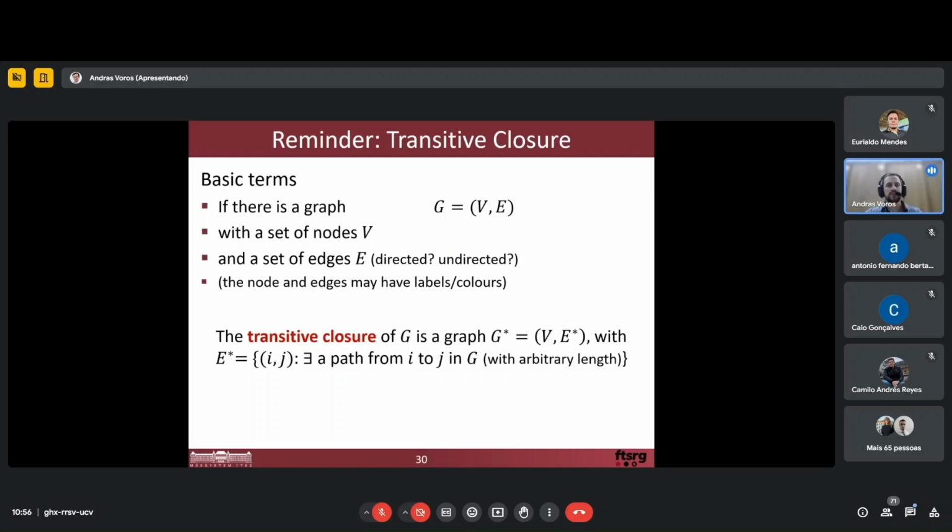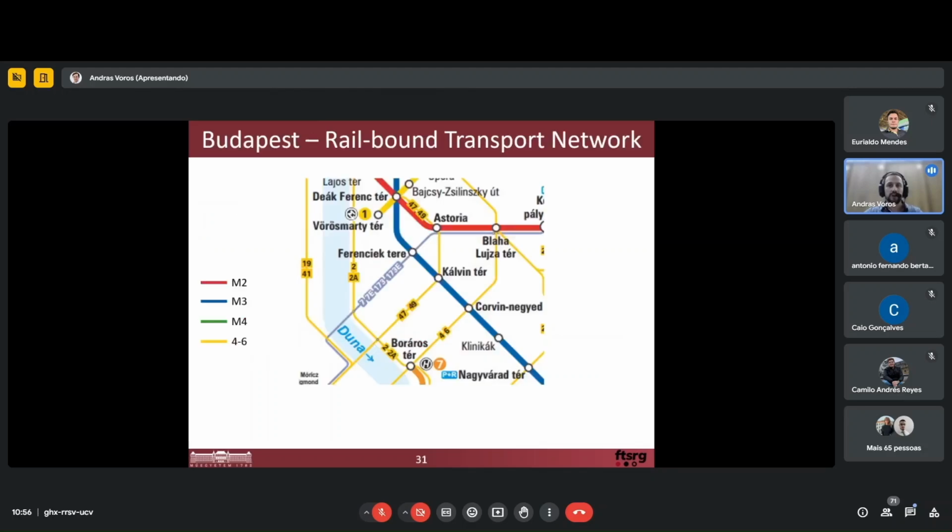And now I will just show some examples from different domains. So, I mentioned that I'm from Budapest, Hungary, and we have a public transport network there with different metro lines, underground lines, and tram lines. So here you can see the map of Budapest with the many lines.